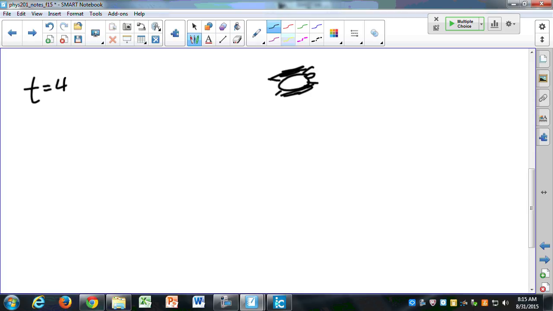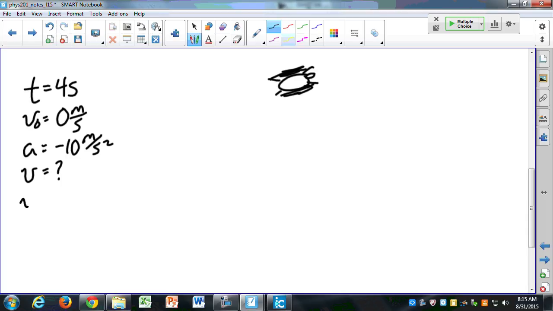So t for this was 4 seconds. Again, the initial velocity is 0. The acceleration is minus 10. The final velocity, I don't know. And I don't know the distance that he fell either. But I want to find it.